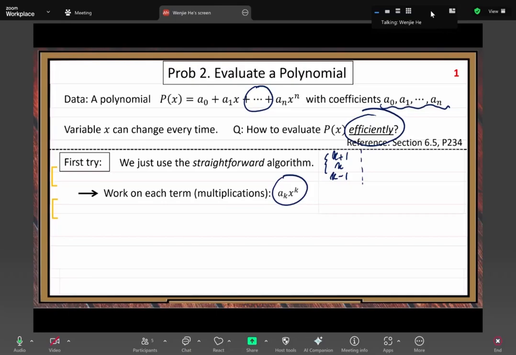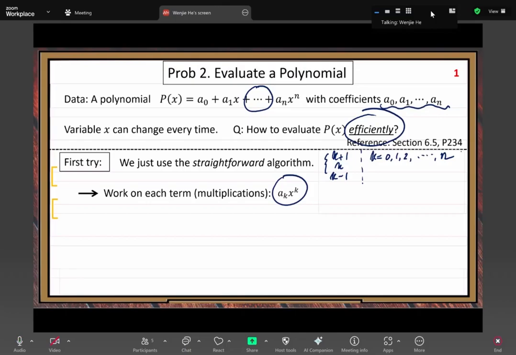What possible values can we choose for this K variable? 0, 1, 2, up to the largest one, N. That's the range for this K subscript. K is the subscript of the coefficients. In this situation, we want to do experiments on small K values.